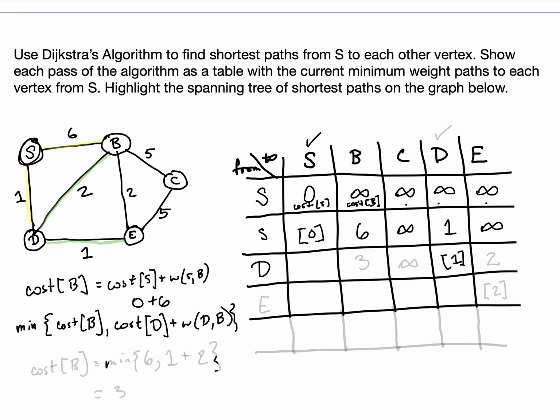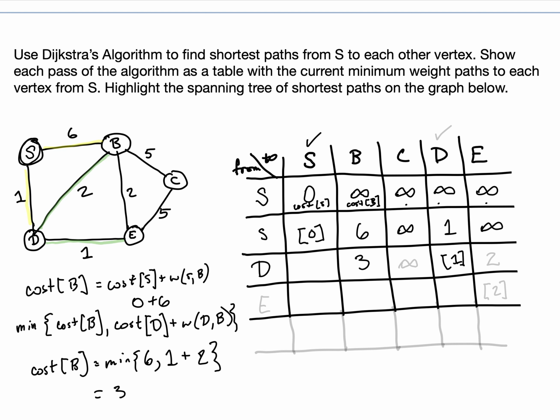In other words, the new cost of the vertex B is the minimum of the previous cost of B, which is 6, and the new cost through D, which is 1 plus the weight from D to B, which is 2. And so yes, we see that the minimum of 6 and 3 is 3, so the cost for B will be updated to 3. So we're updating that cost.